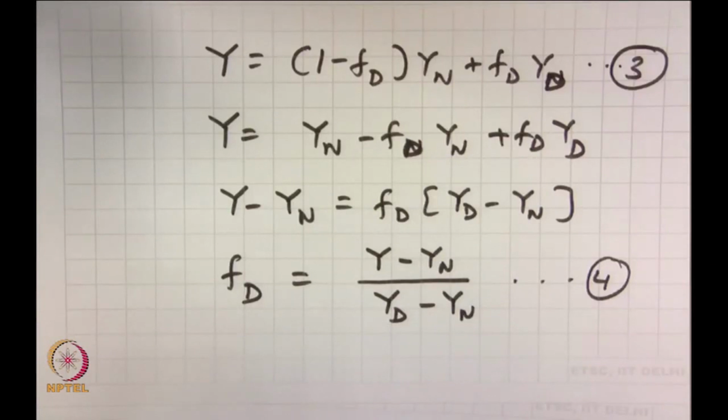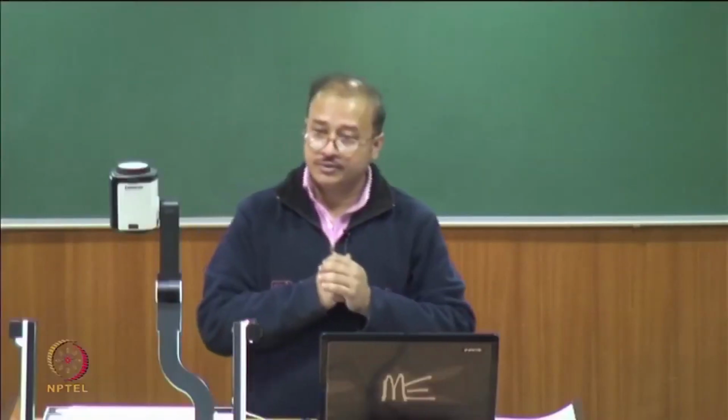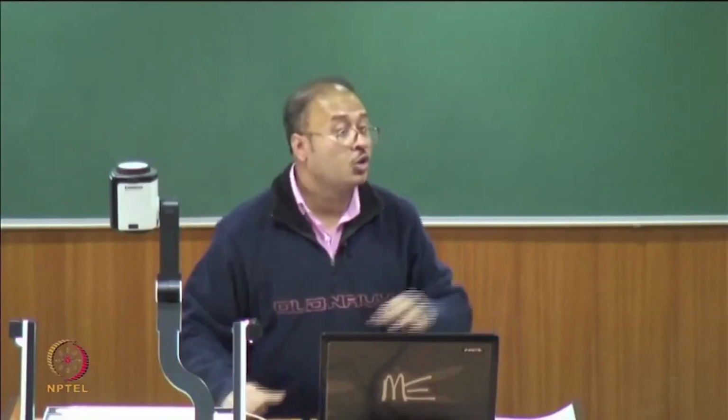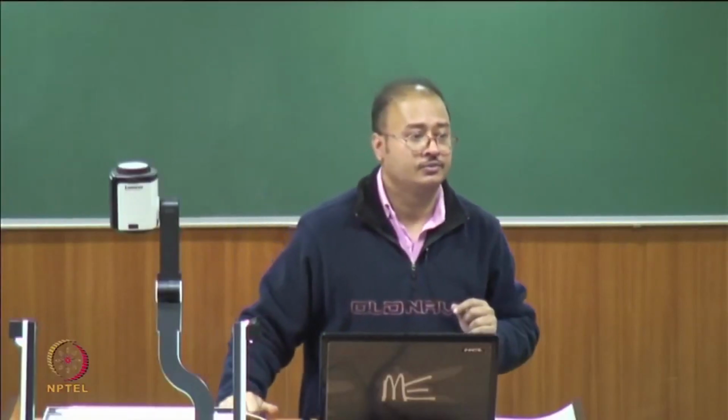Now to understand it is very simple. f of d is the fraction denatured. So what does y minus y of n tell you? It tells you how much you have moved away from the native state, that means how much you have denatured, right, that is the difference. Now what does y of d minus y of n tell you?